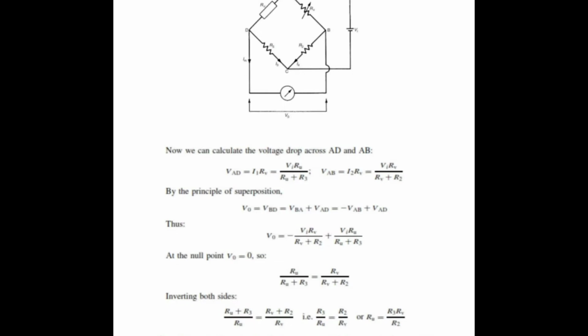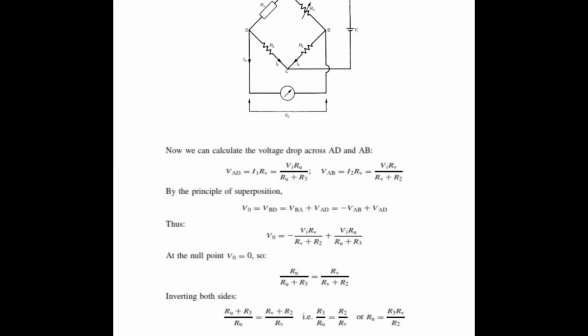By the principle of superposition, the output voltage is equal to the voltage BD, that is, minus the voltage AB plus the voltage AD. So the output voltage is equal to V1 RU divided by RU plus R3 minus V1 RV divided by RV plus R2.